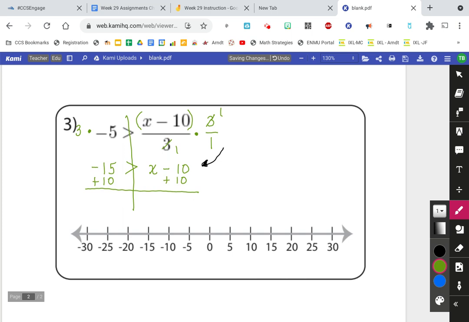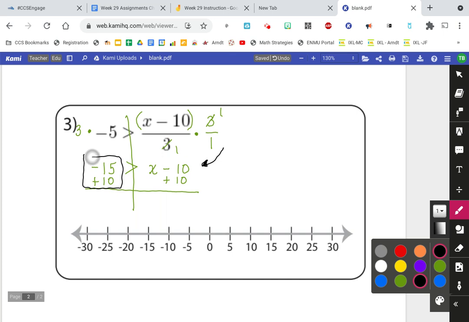Alrighty, and I need us to have a lot of caution here, because if we're going to make an error, it's going to be right there that says negative 15 plus 10. Hopefully know that negative 15 plus 10 is equal to negative 5.